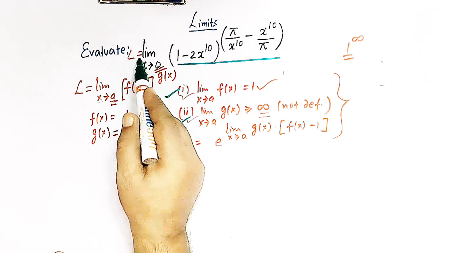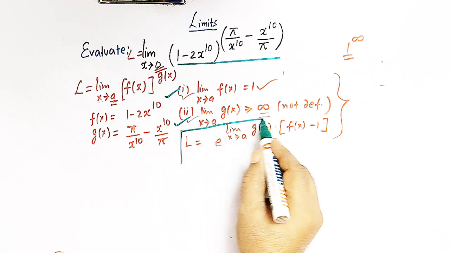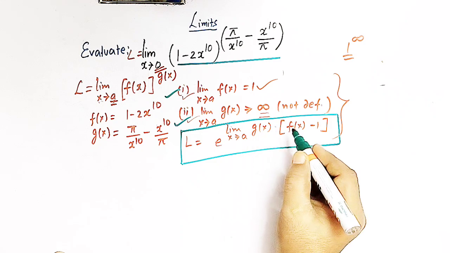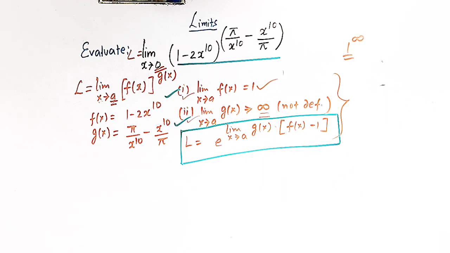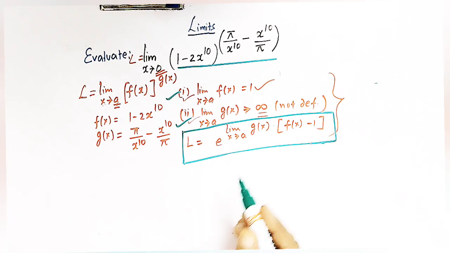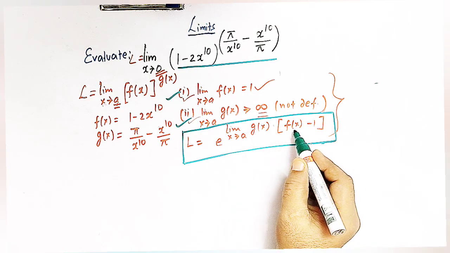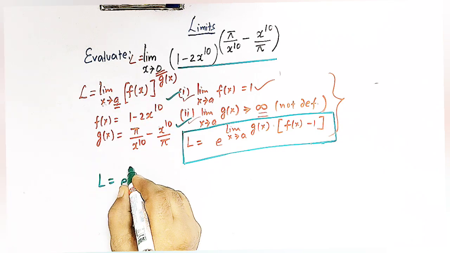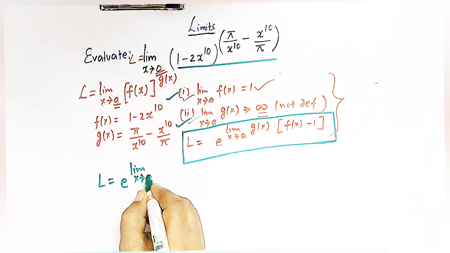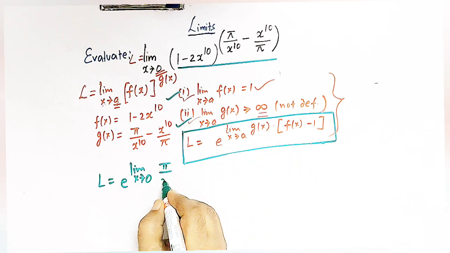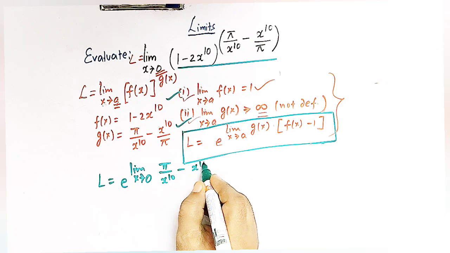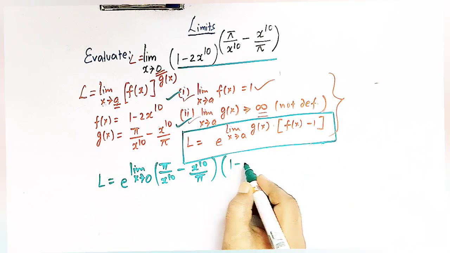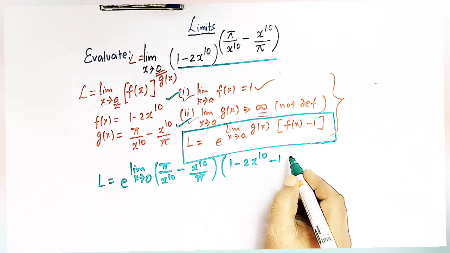So now the value of this limit is given by this expression, that is L is equal to e raised to limit x tends to a, g of x, and here we have f of x minus 1. So now substituting the value of g of x and f of x in this expression, the value of this limit L is given by e raised to limit x tends to 0, and g of x is pi divided by x raised to 10 minus x raised to 10 over pi, and here we have f of x, 1 minus 2x raised to 10, minus 1.